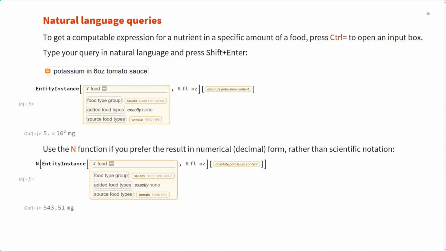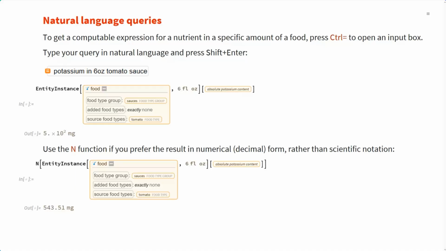In this example, I want to know the potassium in 6 ounces of tomato sauce. And you can see that I can get that in scientific notation or in numerical form, to get the amount of that particular nutrient for that particular implicit entity of tomato sauce.